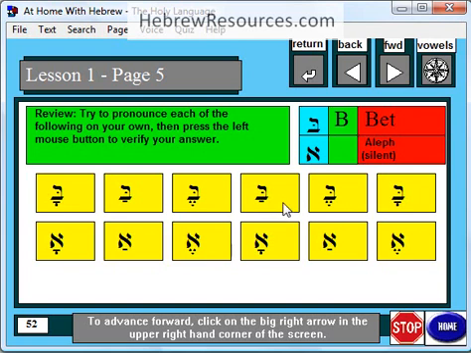is ba. So let's go back and see if you can remember the vowel names. This little one that looks like a little T is called a kamatz. The 3 dots is called a segol, and the little straight bar is called a patach. Okay, how would you read this one? Be, and this one?